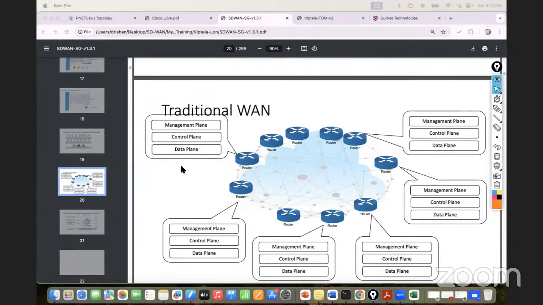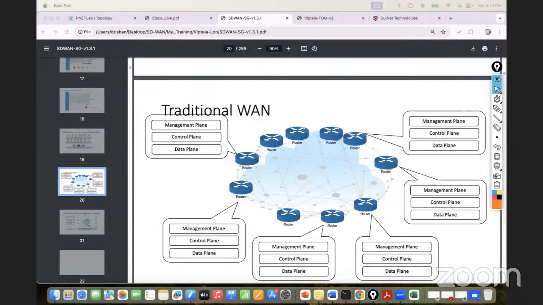One more important thing, guys. When I talk about the SD-WAN architecture, there is the control plane, the management plane, and the data plane. In the traditional WAN, these planes are limited to the box, meaning any communication happening through my network is limited within the router.